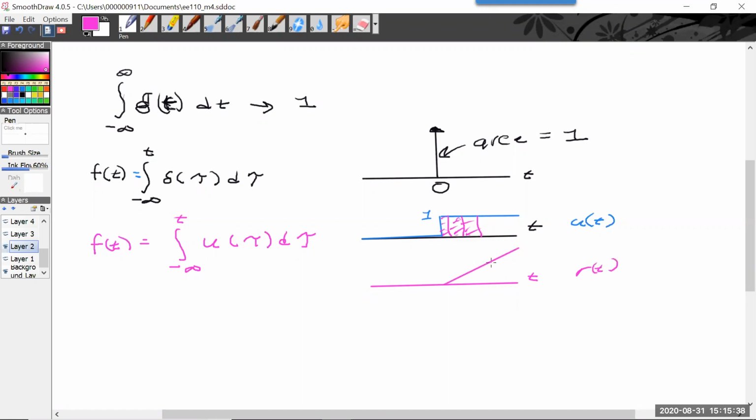All right. Now, we can actually break this up a little. We can do this more mathematically rather than just say the delta function is an area of 1, right? For tau less than 0, u of tau equals 0.